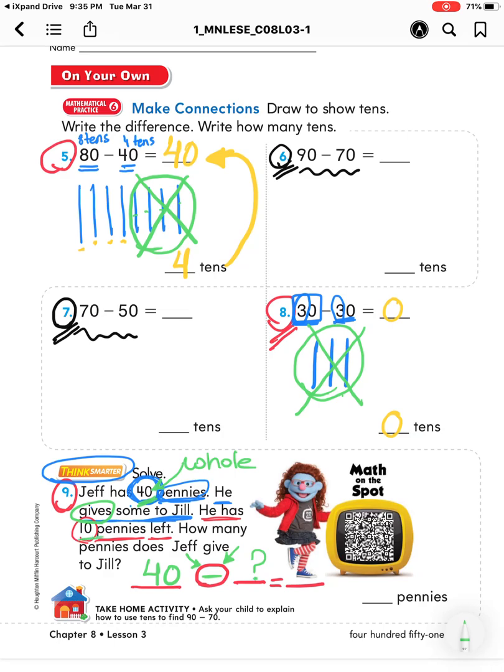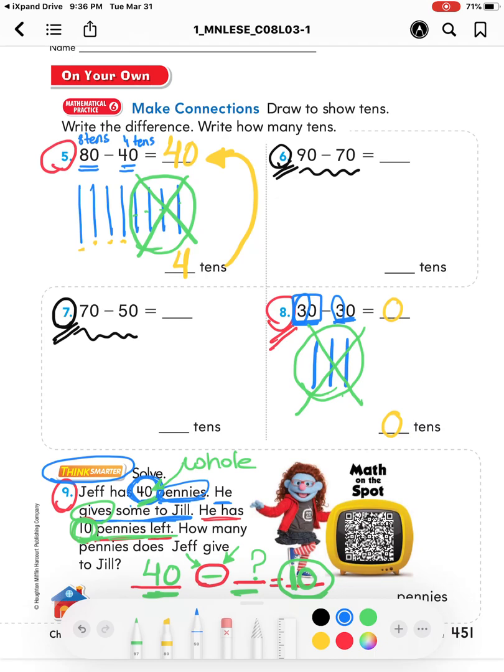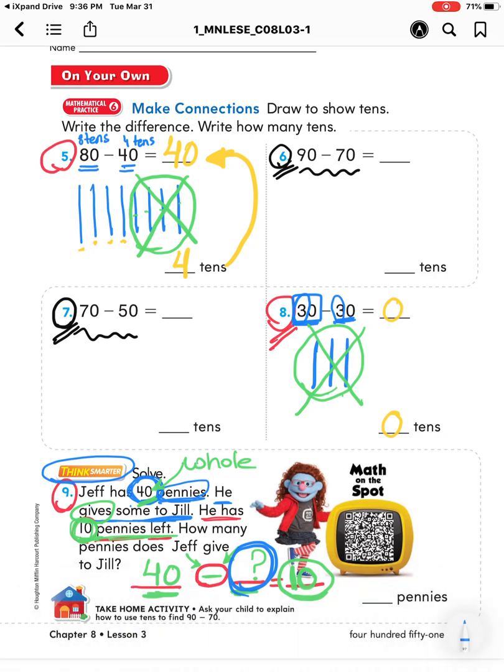But he has how many pennies left? 10. So the difference of these two numbers is 10. The answer here for this number sentence is 10. But our question is about this part. This number. How can we find it?